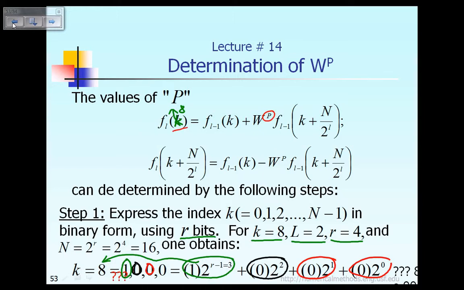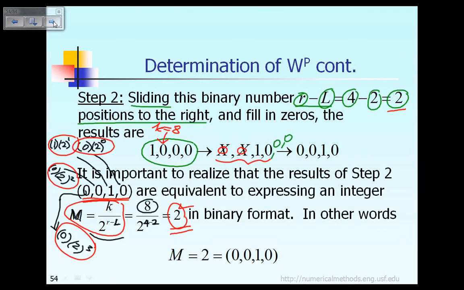Well, if you know the value of k, you can use this formula to calculate the value of capital M. After you know the value of capital M, let's say equal to 2 in this case, all we have to do is represent that value M in binary form. If we can do that, then in the next step, number 3, we can figure out the value of p. So that is the main idea.